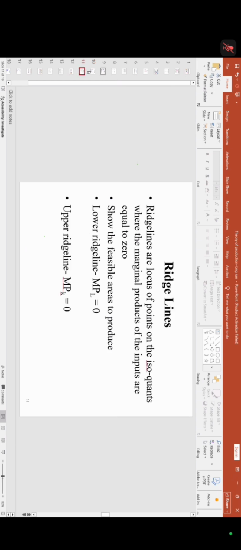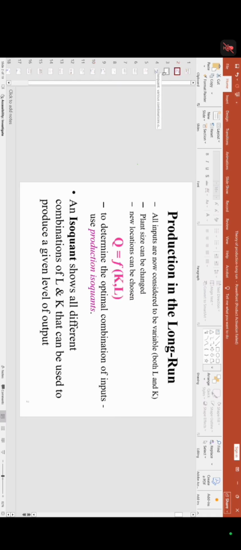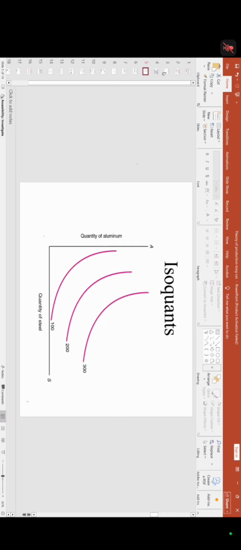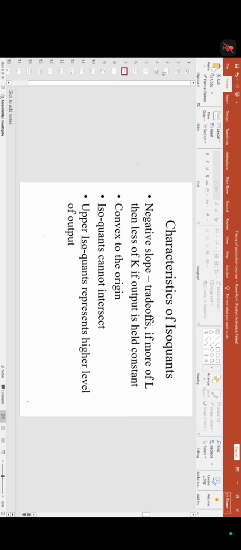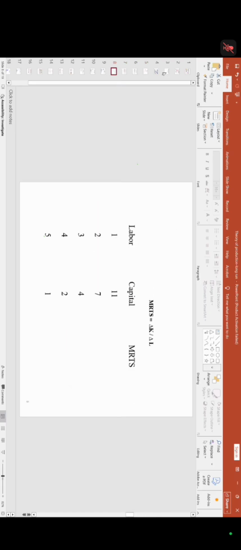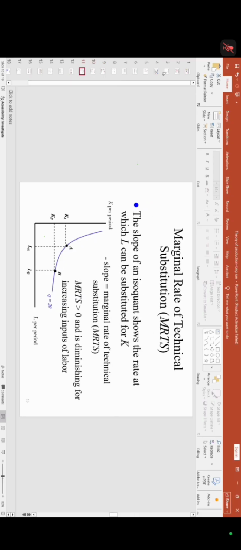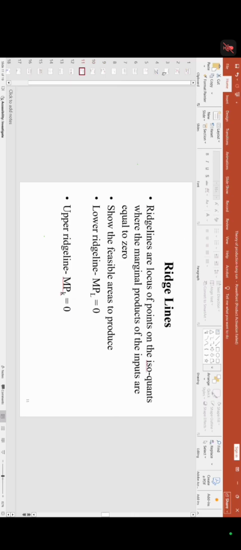Okay. So now you have learned what is meant by isoquant and what its characteristics are, how you can interpret an isoquant, and also MRTS and marginal product, and you know the calculations and how to interpret them. And what are ridge lines?